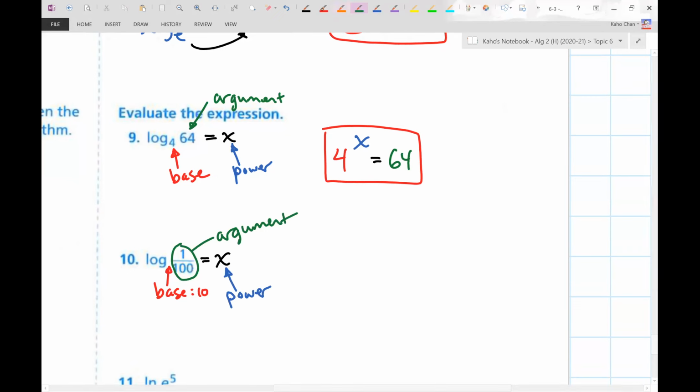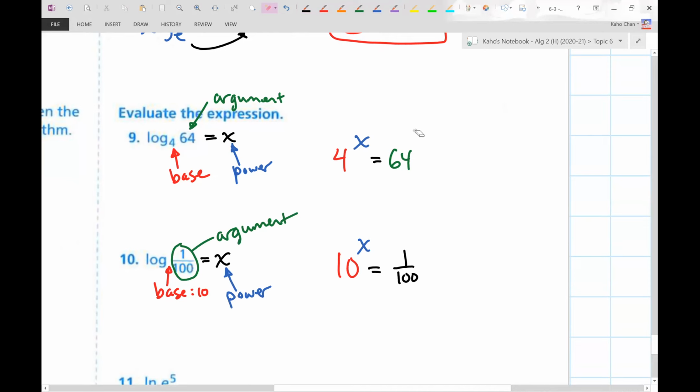And just put it into your formula. 10 to the x power equals 1/100th. Oh, wait, I just realized something. They want us to evaluate, not just convert. We have to do a little more work, don't we? Whoops. We're trying to solve for x here for number 9.